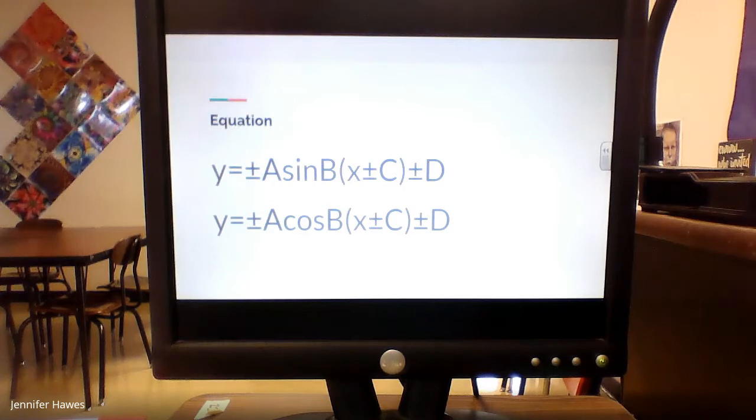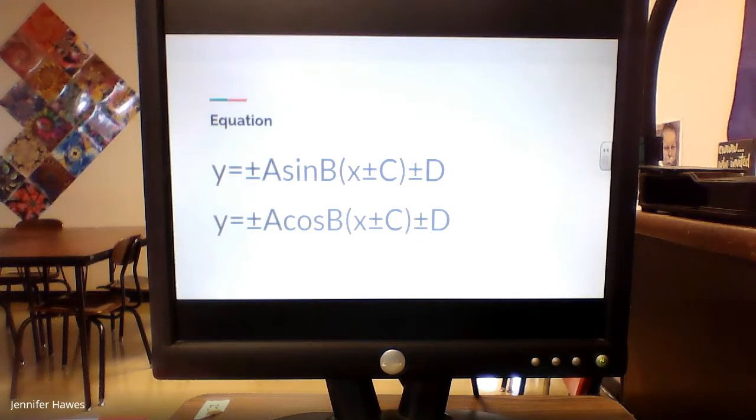Okay. So now, the graphs I showed you were just standard graphs of sine, cosine, tan, and their reciprocals. But we know from experience that I'm going to manipulate them a little bit.